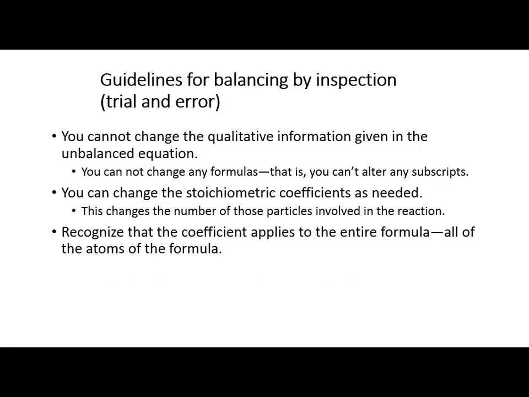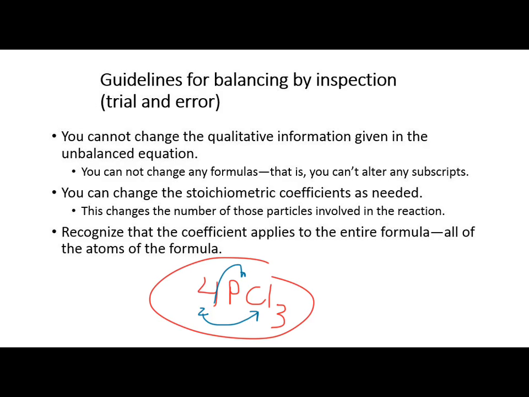The other thing, and we actually saw an example of this, for instance, when we ended up with 4 molecules of PCl3, okay, recognize that this 4 applies to both the phosphorus and the chlorine. That's all that's saying. It's just the numbers added together.